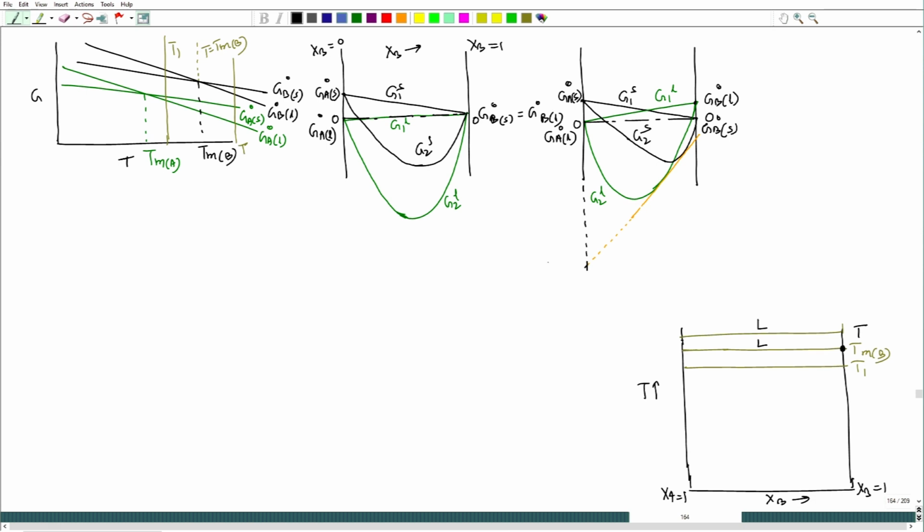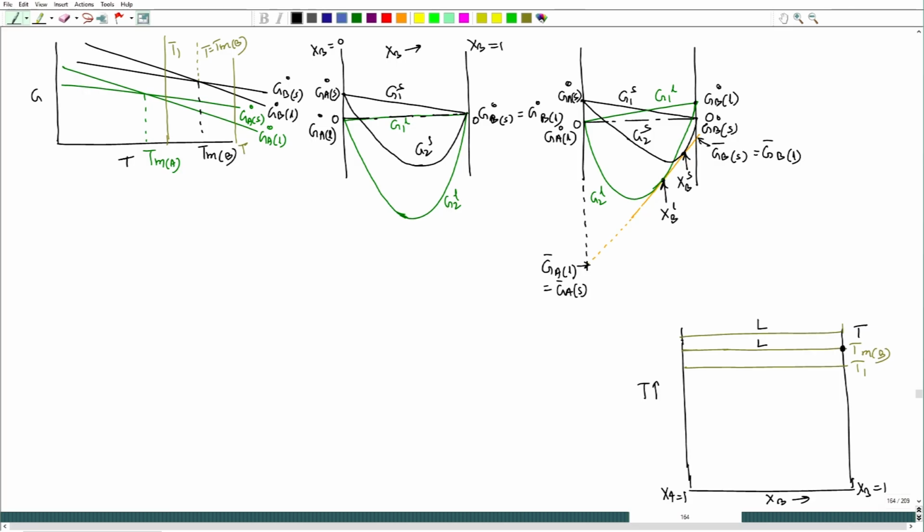Okay, so there G A bar of liquid equal to G bar A of solid, this location, and at this location G B bar solid equal to G B bar liquid. Okay. And we see that we will get two compositions. This is X B of liquid and this is X B of solid.